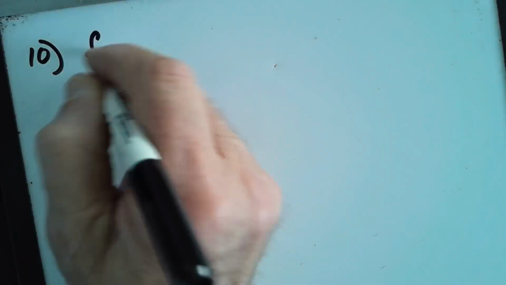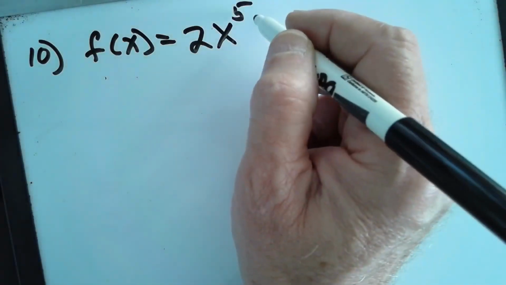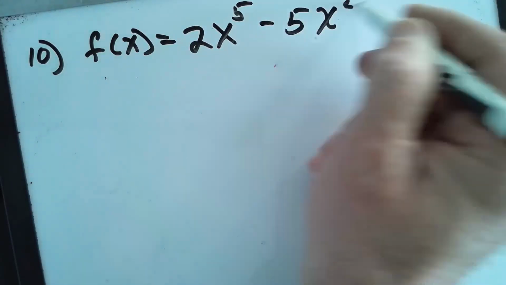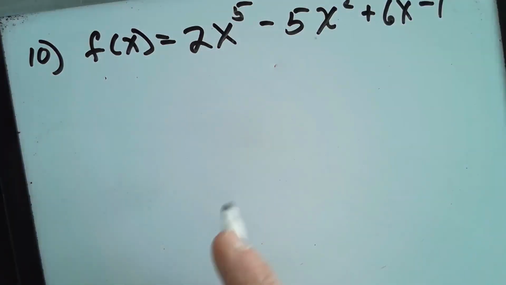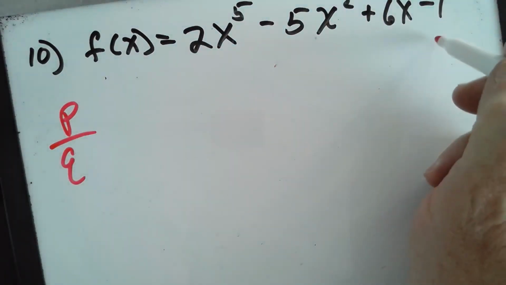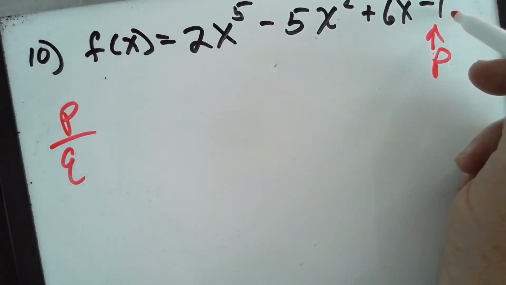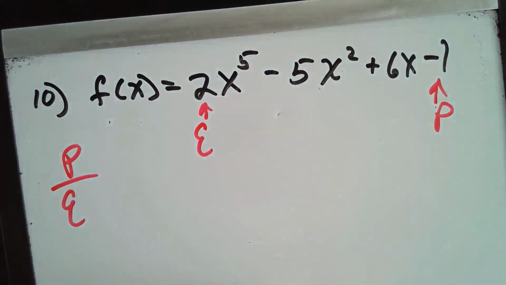So you've got f of x equals 2x to the 5th minus 5x squared plus 6x minus 1. With the potential zeros, you use P over Q, where P is your last term and Q is the leading coefficient.